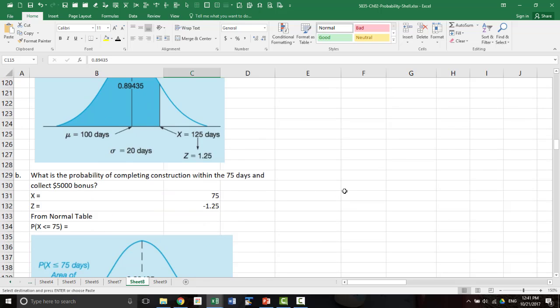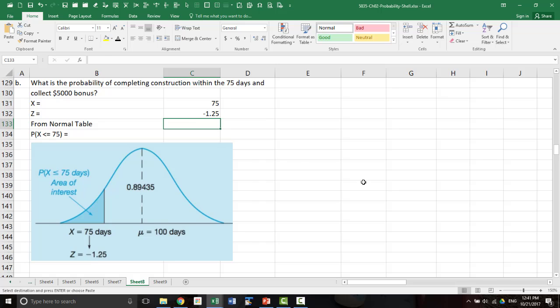Remember, that would be the cumulative probability for 1.25. But what we want is the tail area. So this will be 1 minus that. That would be the area here, which is the same as the area here, which is what we want.